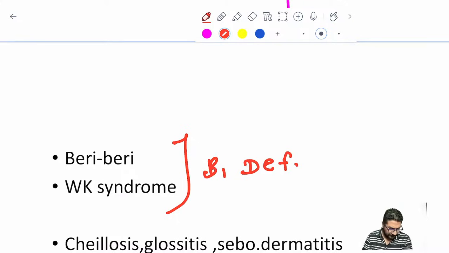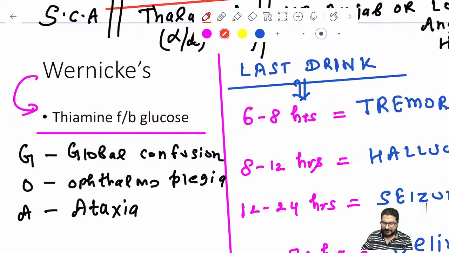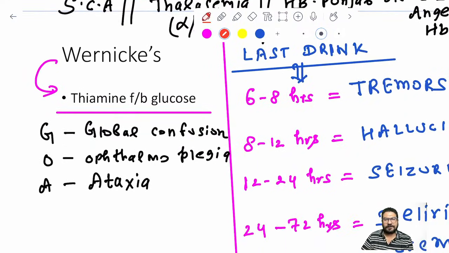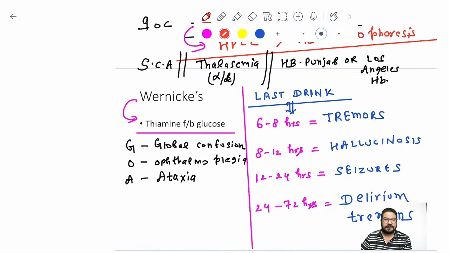Okay, now coming to cheilosis. See how the question will be framed. They will ask you like a 35-year-old alcoholic patient, suddenly his wife is fighting with him, so he stopped drinking alcohol. After last drink, meaning he drank last drink 6 hours before, he is developing tremors, right? So that is tremor.